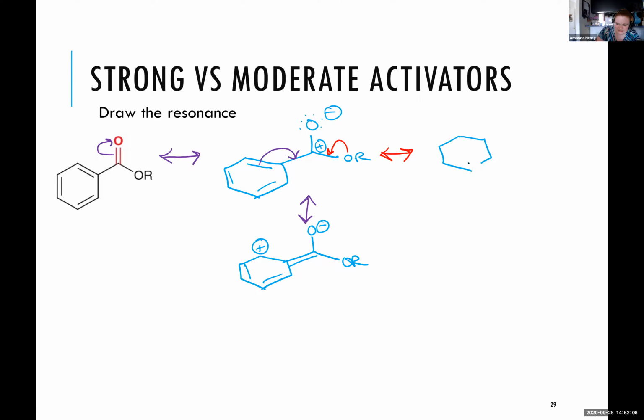So this doesn't actually affect the benzene ring, but it is going to end up being important. So that is, again, another one of our resonance contributors. It does help stabilize that carbocation, even though it's not directly affecting the benzene ring.